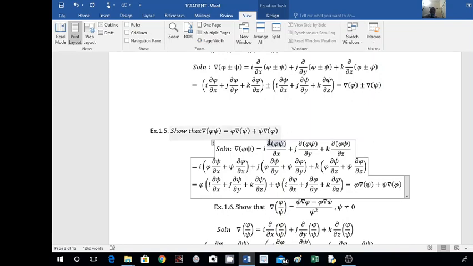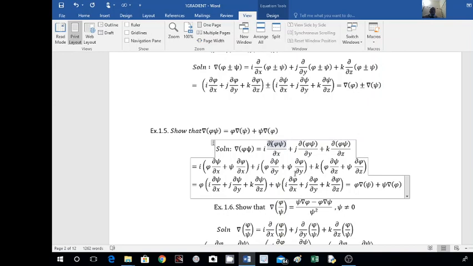Now for this first term, to differentiate with respect to x, I have to use the product rule: first function derivative of second plus second function derivative of first. That is i into (pi ∂ψ/∂x plus psi ∂π/∂x) plus j into, with respect to y similarly, (pi ∂ψ/∂y plus psi ∂π/∂y).